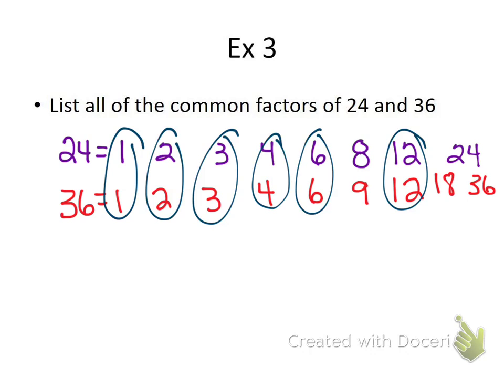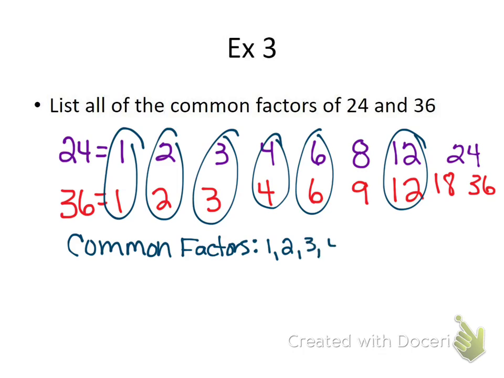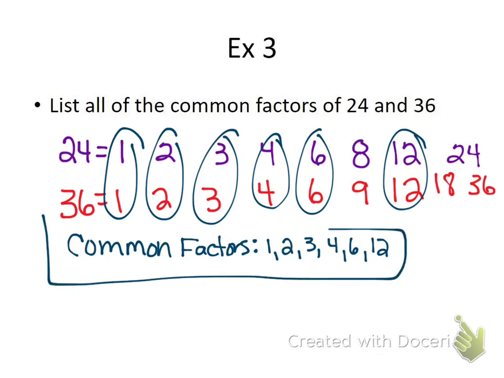Anything else? No. So the common factors that they share are going to be 1, 2, 3, 4, 6, and 12. So that's our answer for that particular question.